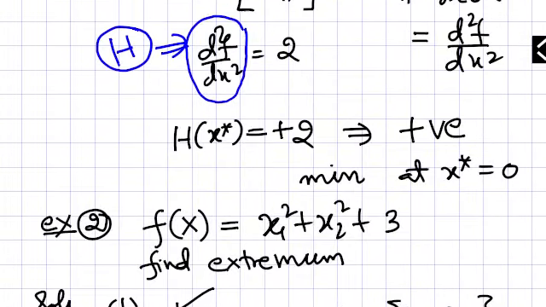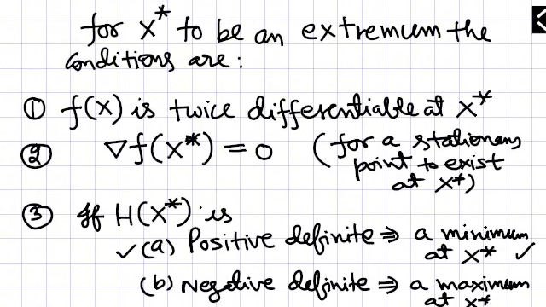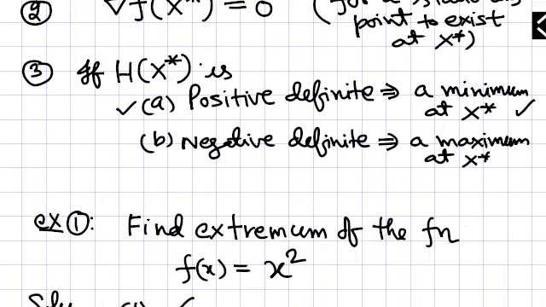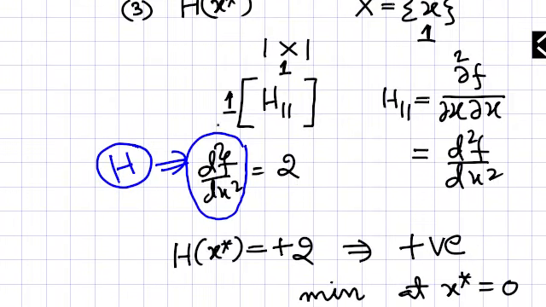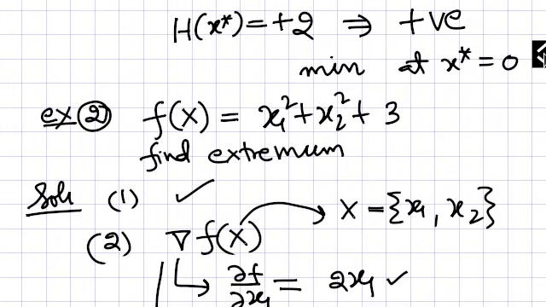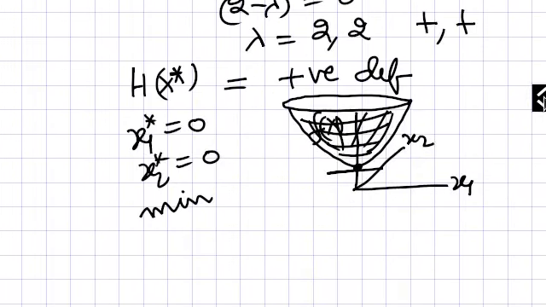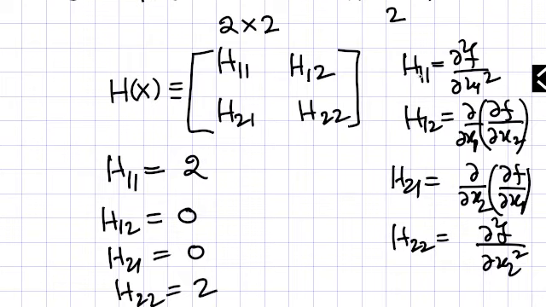The main theme of today's lecture was these conditions, and also I showed you that Hessian matrix is nothing but the double differentiation of the function, and when functions have more than one variable, then it is necessary to differentiate them like this.